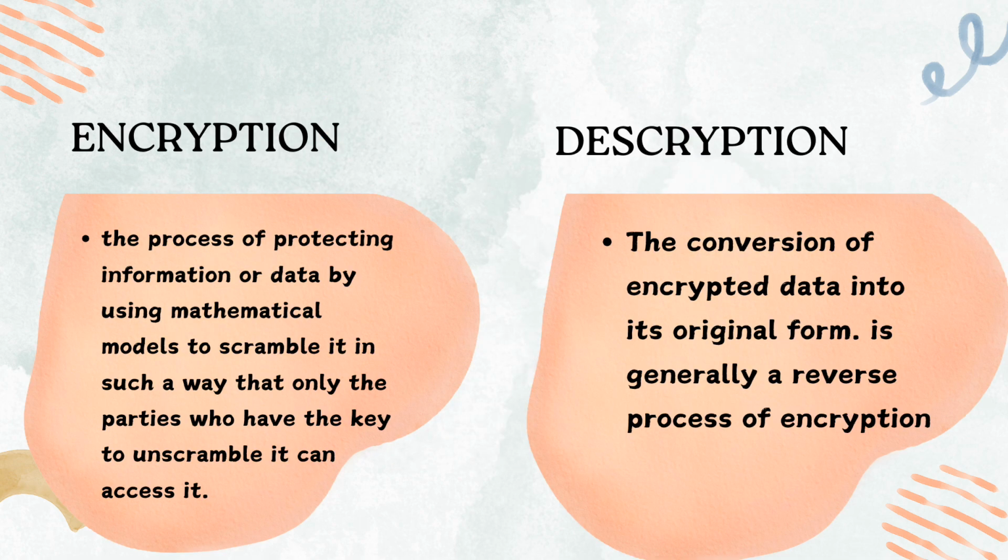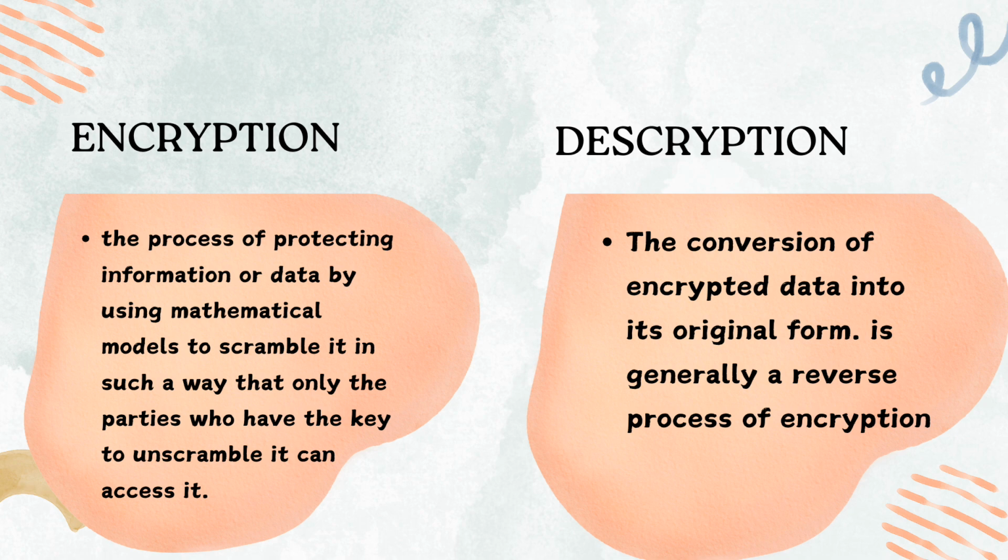Now, let's compare encryption to decryption. When we say encryption, it is a process of protecting information or data by using a mathematical method to scramble it in such a way that only parties who have the key to unscramble it can access it. Meaning po, it is a process of transforming plain text into code using a certain algorithm.